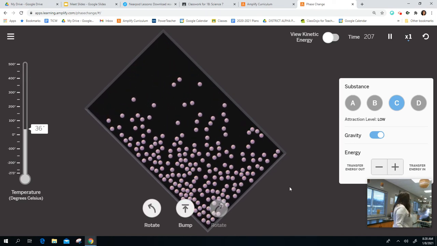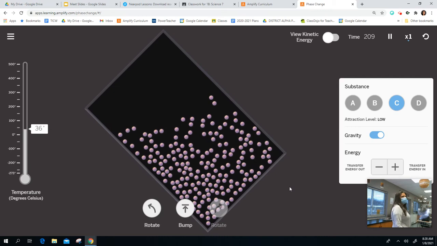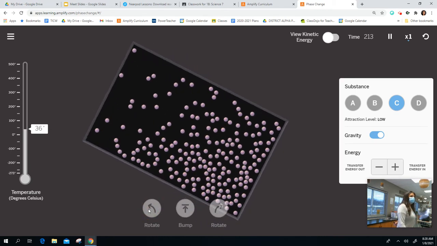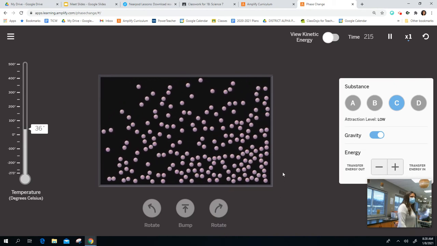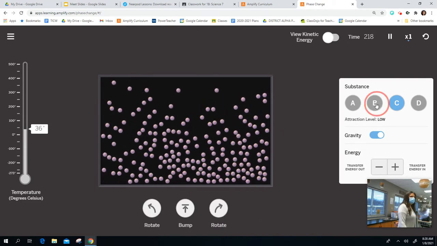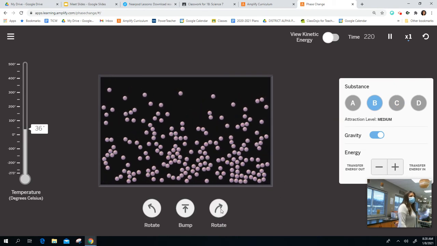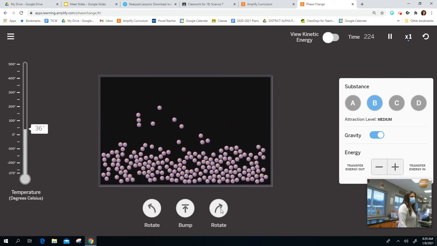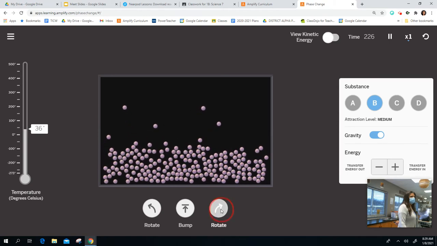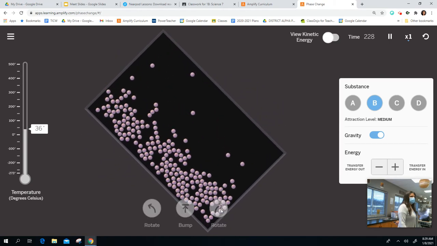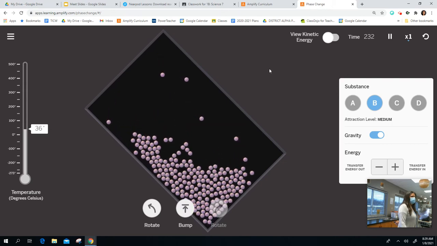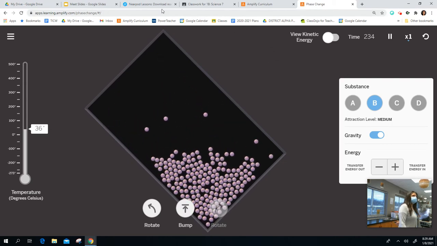So if you need to see those again, go ahead and try it again. So this was C. And when I rotate it, and this was B. So you're paying attention to those molecules.